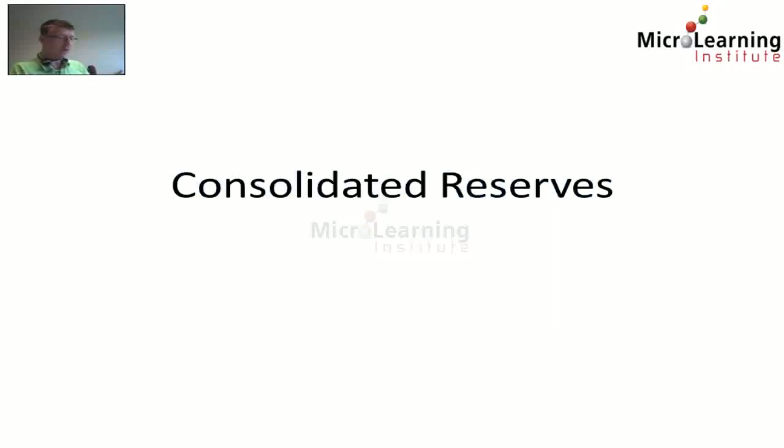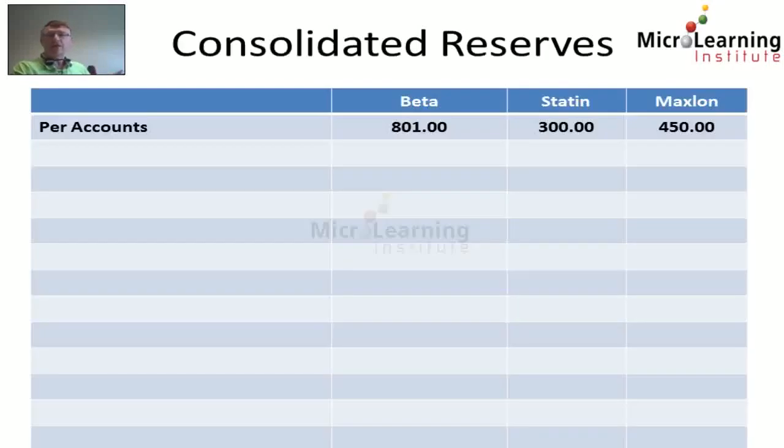Now that we've looked at all of the adjustments, we can begin to do some work on the consolidated reserves. Our structure for our working looks a little bit like this, where we start at the individual company reserves of each of the companies in the group, Beta, Staten and Maxlon, and we make the corresponding group and intercompany adjustments. So firstly, there's an operating lease.